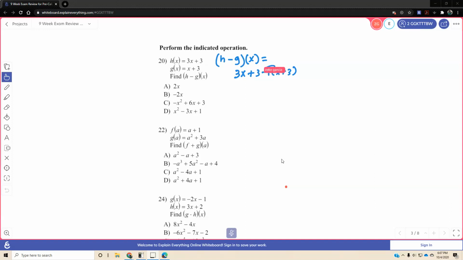Distribute the negative 1. 3x plus 3 minus x minus 3. 3x minus x is 2x. 3 minus 3 is 0. So h minus g is 2x. It's going to be A.